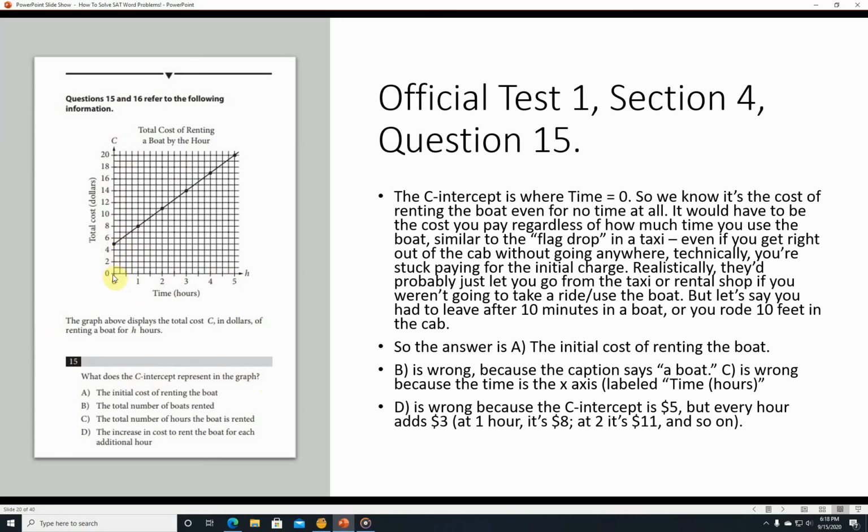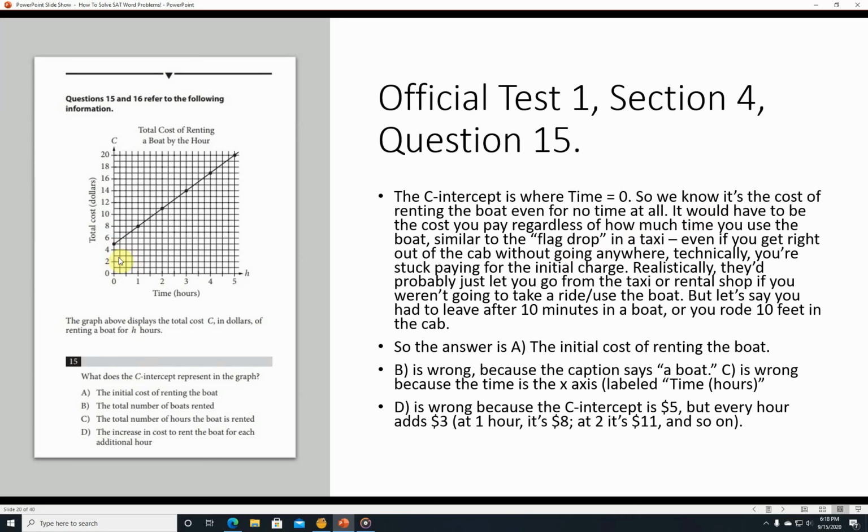We can see that where the time is 0, or x is equal to 0, or h is equal to 0, whatever you want to call it, if you haven't rented it for any hours, you're still paying $5. This is very similar to the flag drop in a taxi. Even if you got into a cab and the meter started running, even if you got out without going anywhere, technically you'd be stuck paying the initial charge.